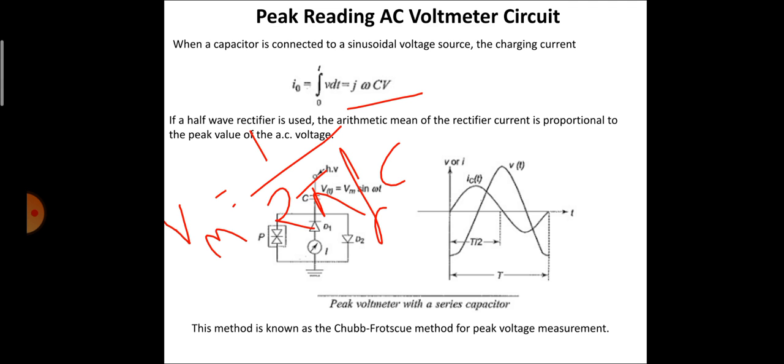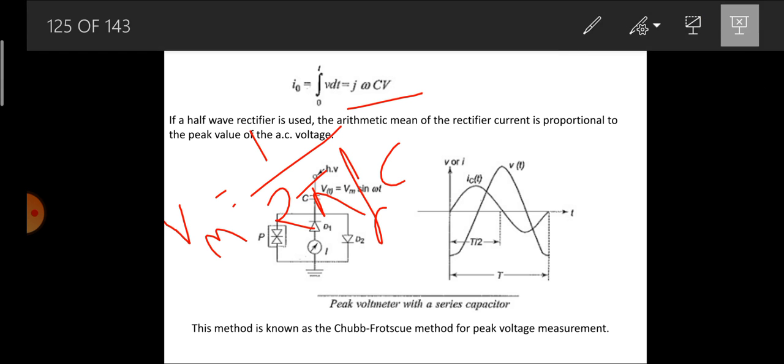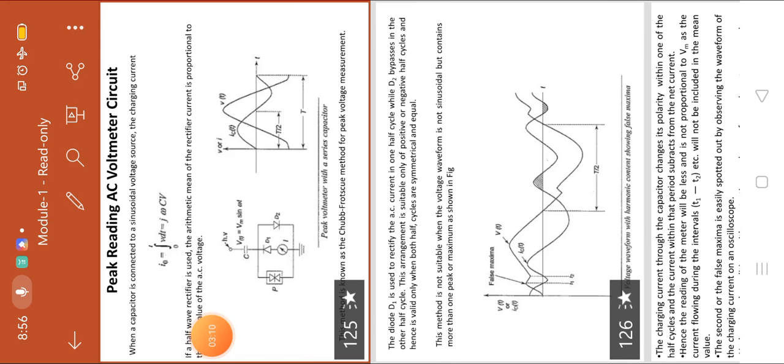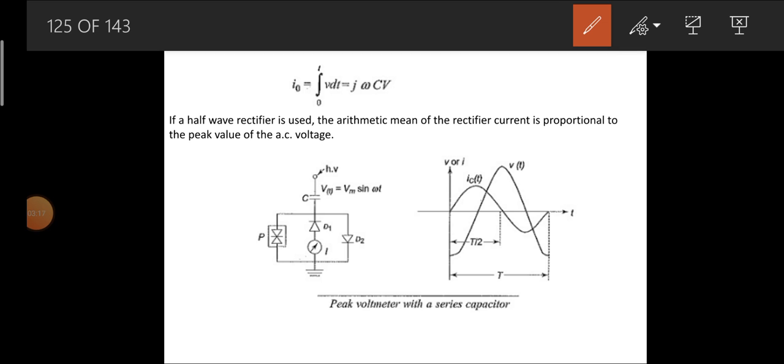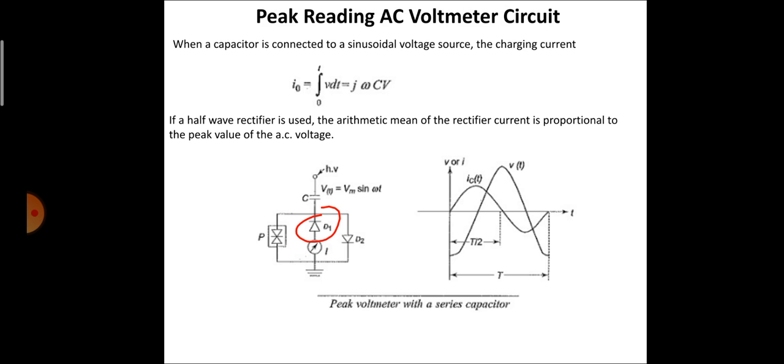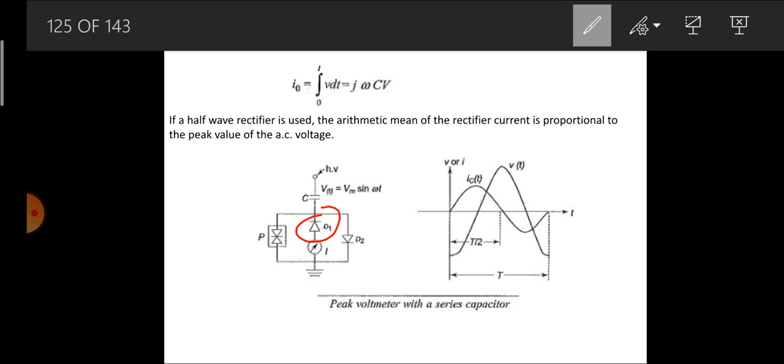Now you can see here the diode D1. Let me take you back to this figure. This diode D1 is used to rectify the AC current in one half cycle. This is a half wave rectifier circuit.